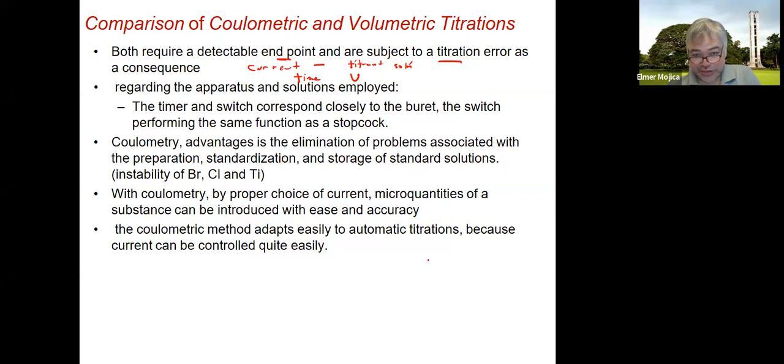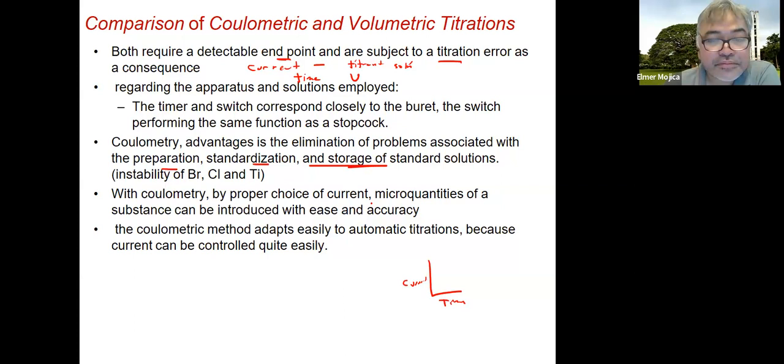So usually the ones that you measure here are just what? Time and the current. So the amount of the analyte is determined by combining capacity. So the reaction must happen fast, essentially complete and free of side reaction. Now, one advantage of coulometry here is the elimination of problems associated with the preparation, standardization, and storage of standard solution.